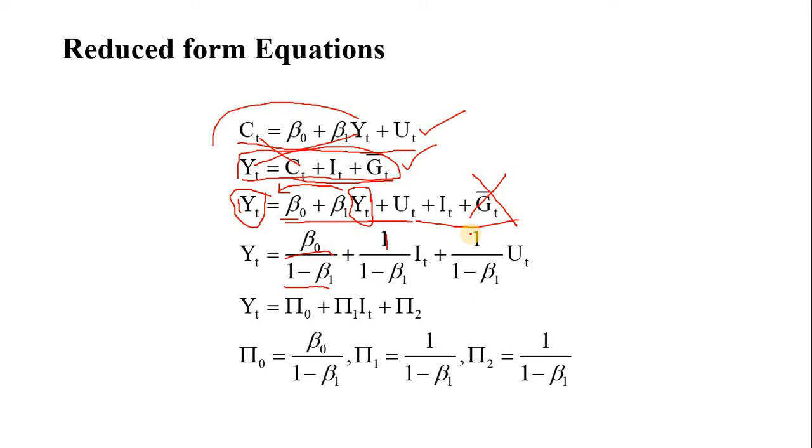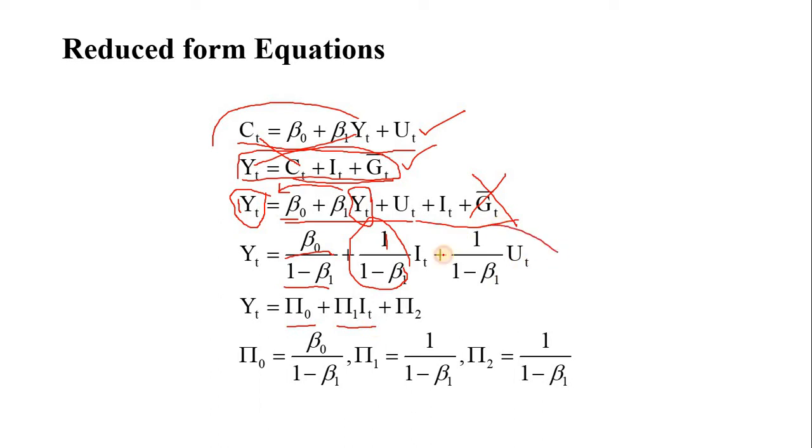Now beta 0 divided by 1 minus beta 1, I am taking as pi 0. Then this second parameter I am taking as pi 1, pi 1 into it.